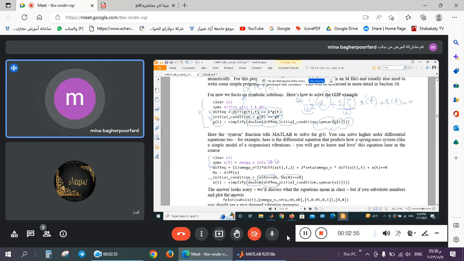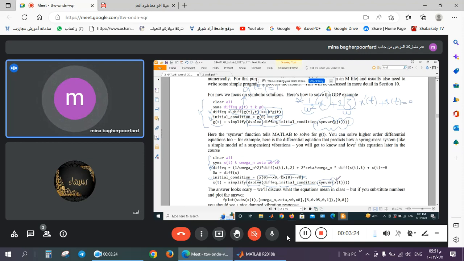And the diff equation means this line, and the initial condition is the previous line that defines the initial conditions. And Simvar determines that I want to solve this equation for finding x. To determine the function that I want to find, I use Simvar x.